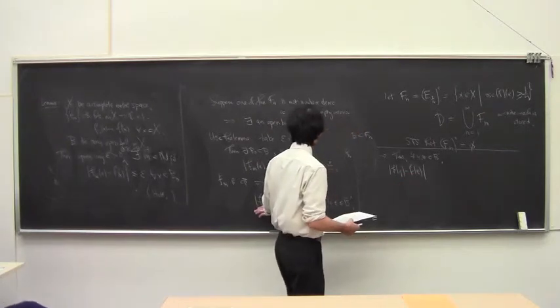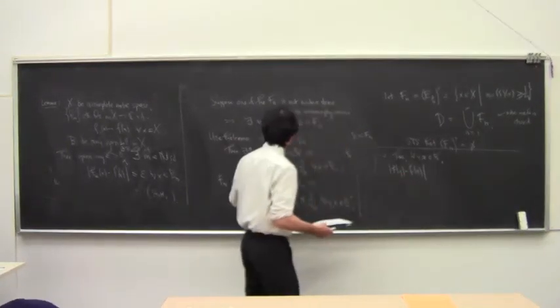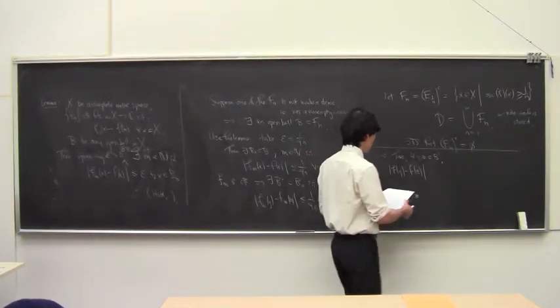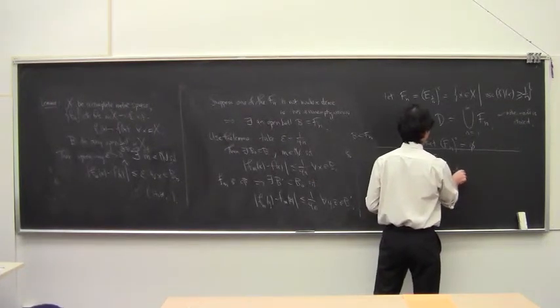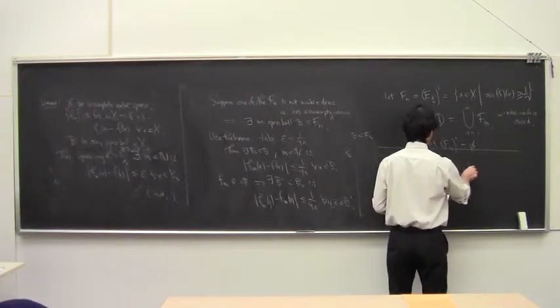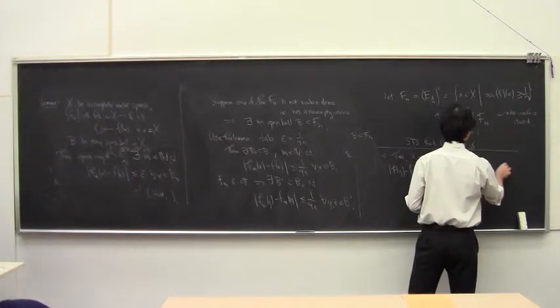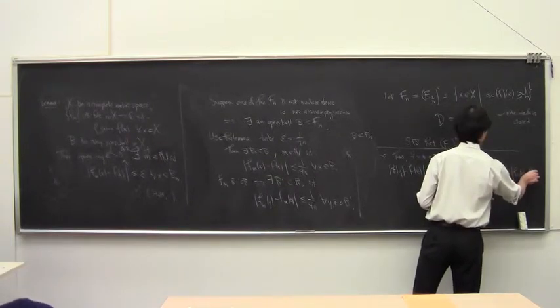Of course we have control of the oscillation of Fm, it's continuous. But we have this little ball on which Fm and f are close. So this is controlled by f of y minus, in the standard way, fm y plus fm y minus fm z plus fm z minus f of z.